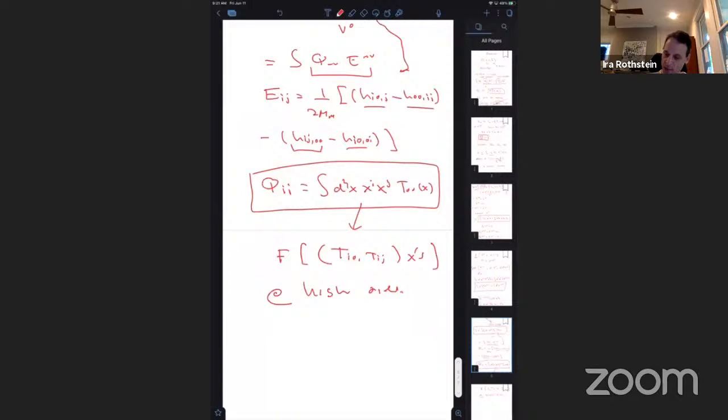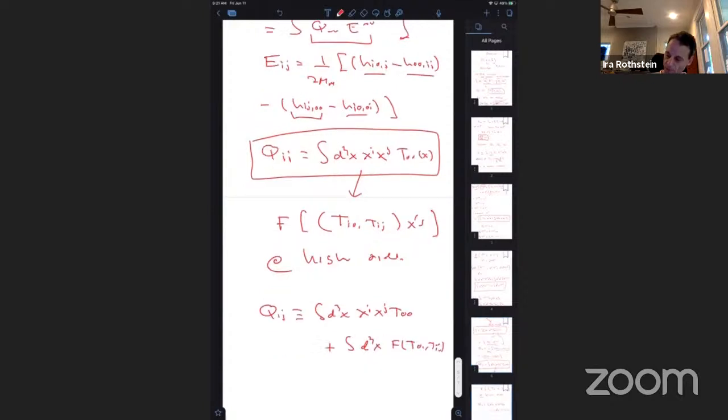So Q^{ij} is going to have a piece that looks like what we have here, plus higher order pieces that are functions of the T^{0i} and T^{ij}, and so forth and so on.